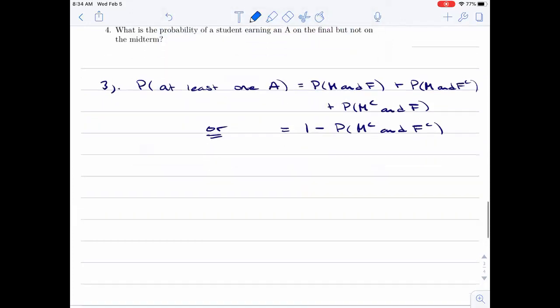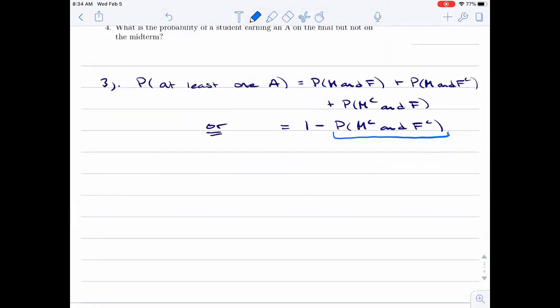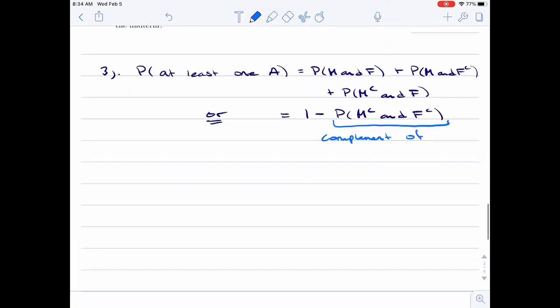Thinking about this one, this is essentially the complement of at least one A. The opposite of at least one A is not getting any A's at all.